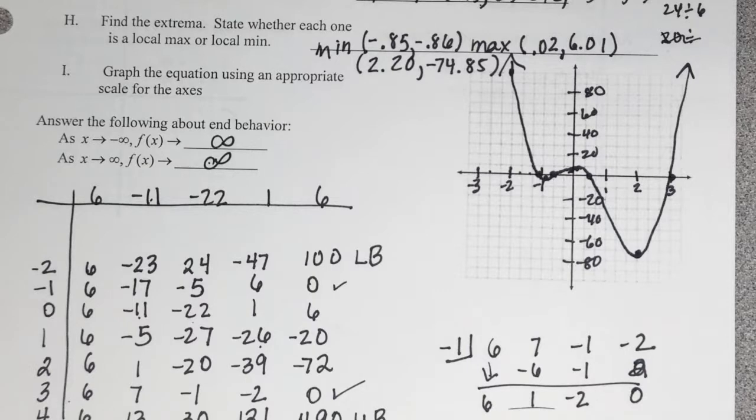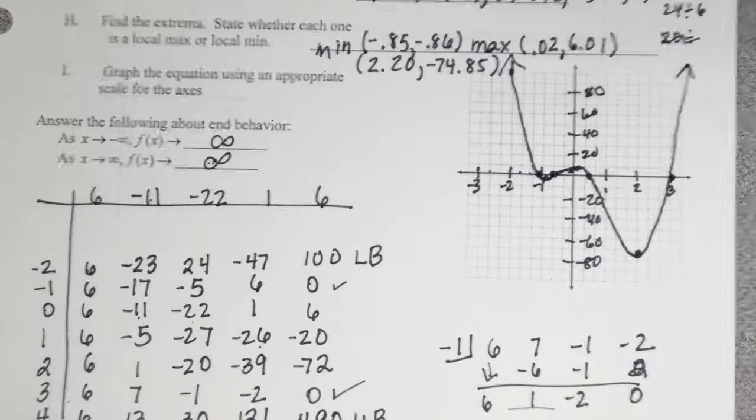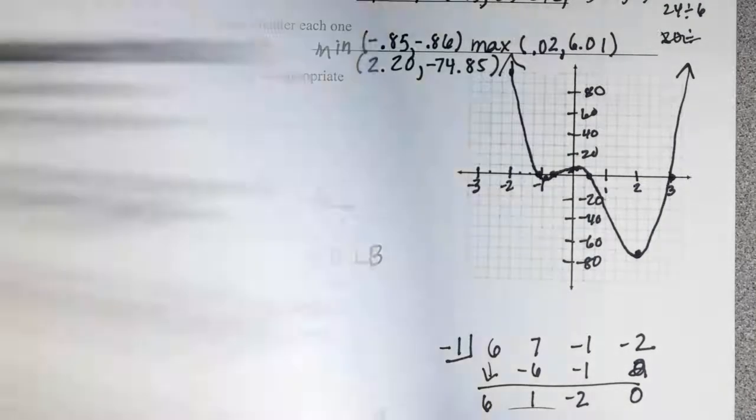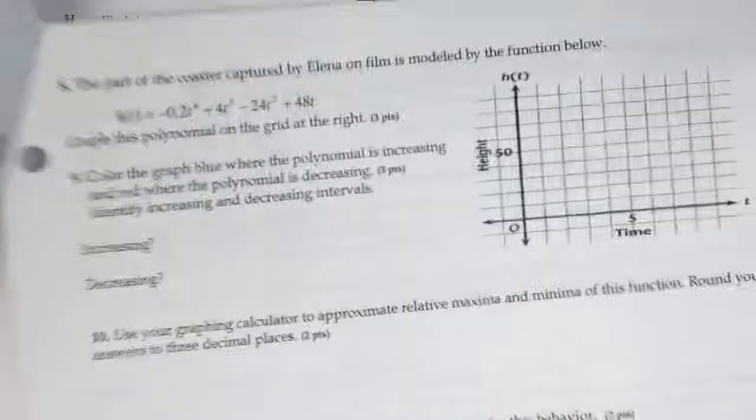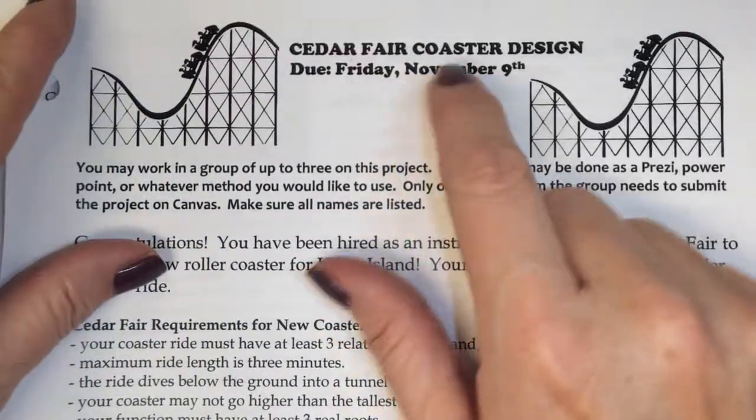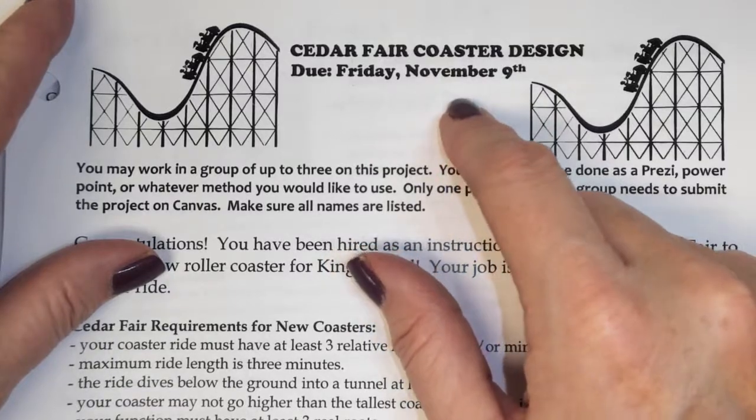Okay, so that's what you're going to be doing on this. You only have 3 problems like that to do on your own. You need to finish up this packet that's due on Monday. Okay, you also need to do in the Kings Island packet, you need to finish up the worksheet, just the problem part. So here's what I'm talking about. These first pages. The very last page, this is not due until next Friday, the 9th.